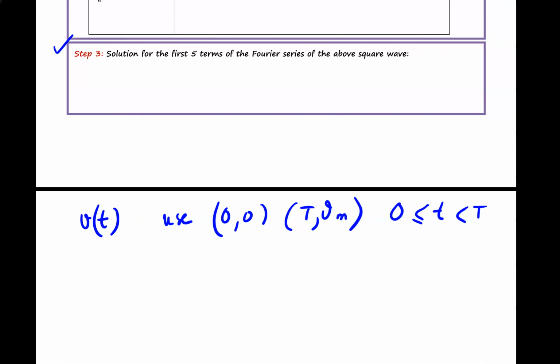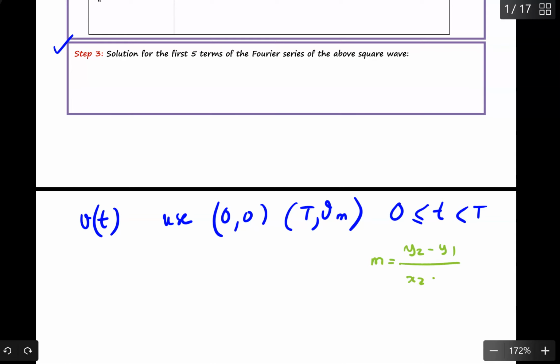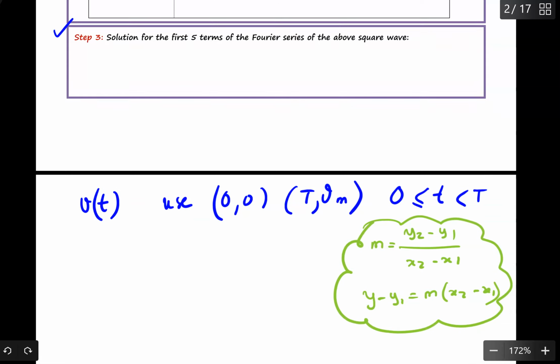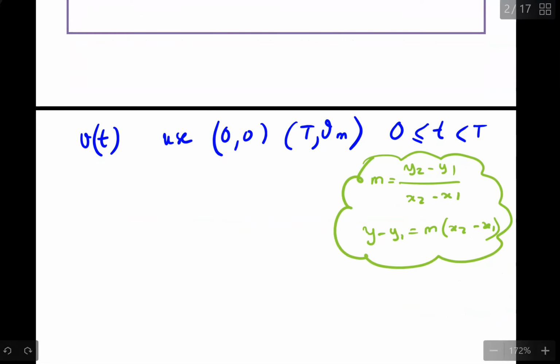As a reminder to everyone, we are using m = (y2 − y1)/(x2 − x1) and y − y1 = m(x − x1). These are the two equations that we are going to apply in order to find the equation for this V(t).